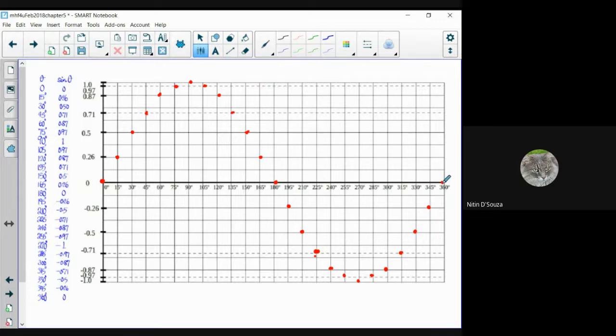So this is a full graph, and now you can see that it's got a maximum at 90 degrees, a minimum at 270.